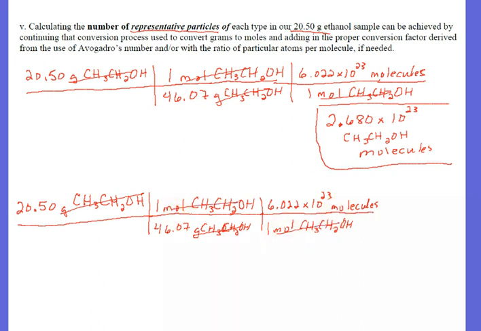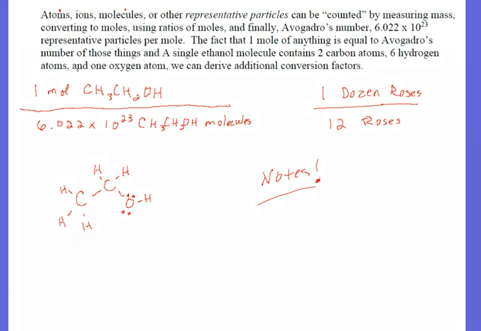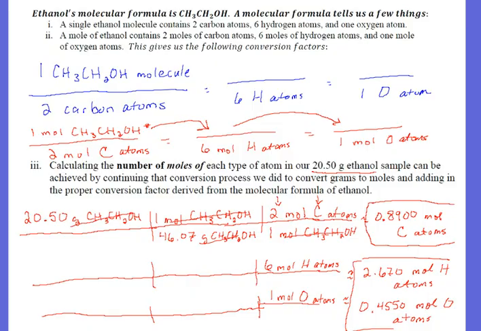So there's where I'm at right now, and I told you we were going to add just one more step. And where this is going to come from is our previous part when we did conversion factors. We're going to talk about if you have your molecule of ethanol, right? And I said hydrogen atoms. Well, one CH3CH2OH, or ethanol molecule, has 6 hydrogen atoms in it.